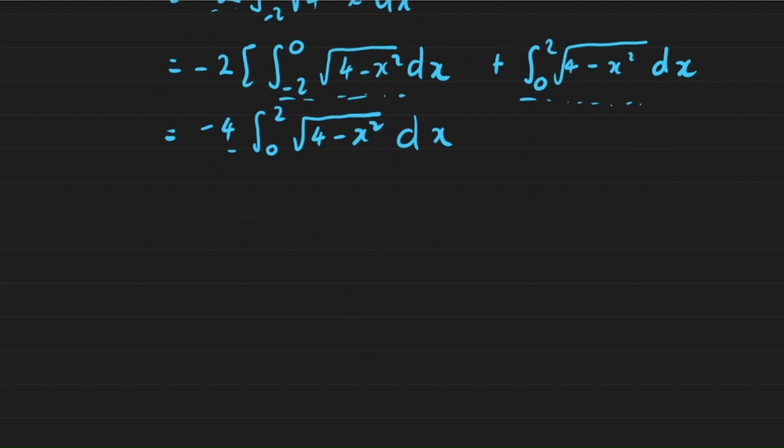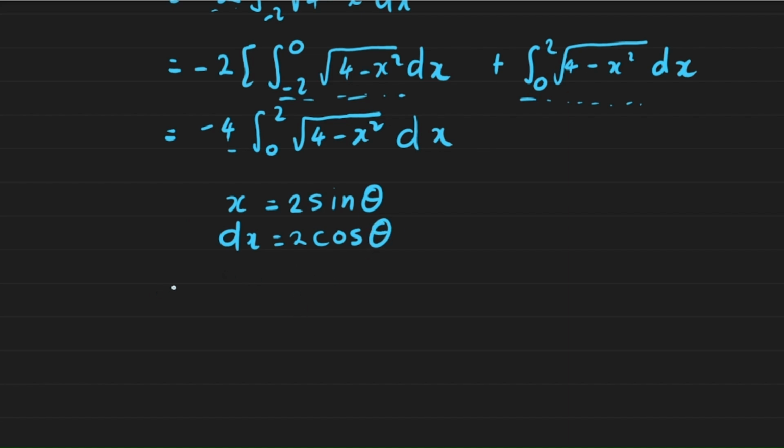The way to evaluate this integral would be to do a substitution, as is done in single variable calculus, and that is to let x equal to 2 sine theta. Then differentiating this, we get dx is equal to 2 cos theta.